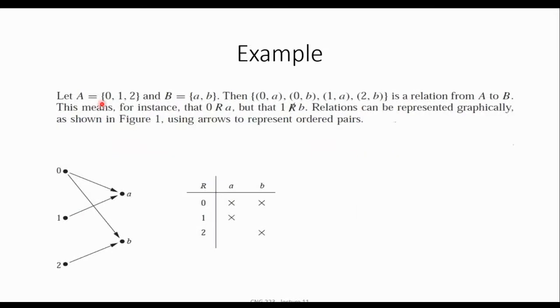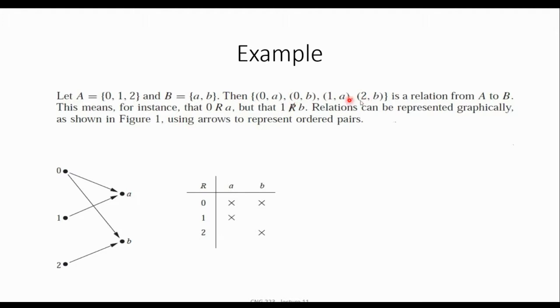Now look at this example. We have two sets, A and B, each one of them containing elements. For example, A contains these three elements, B these two, and this set is a subset of the Cartesian product of these two. What's the size of the Cartesian product of these two? Can you say that? The size of A is 3, the size of B is 2, so their multiplication is 6. So the Cartesian product should have 6 elements inside it.